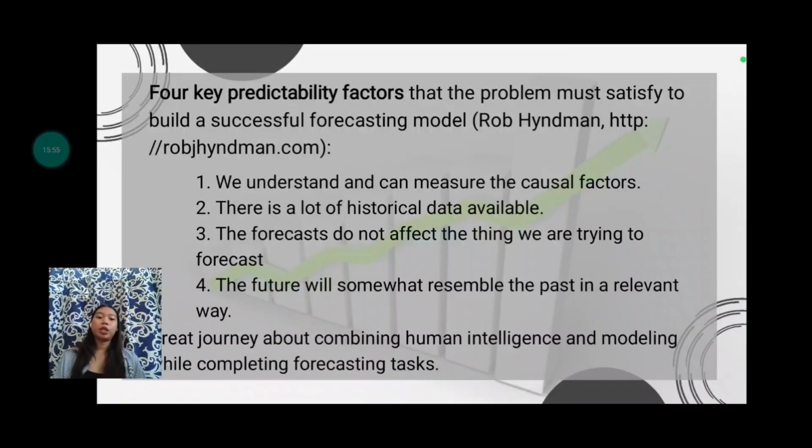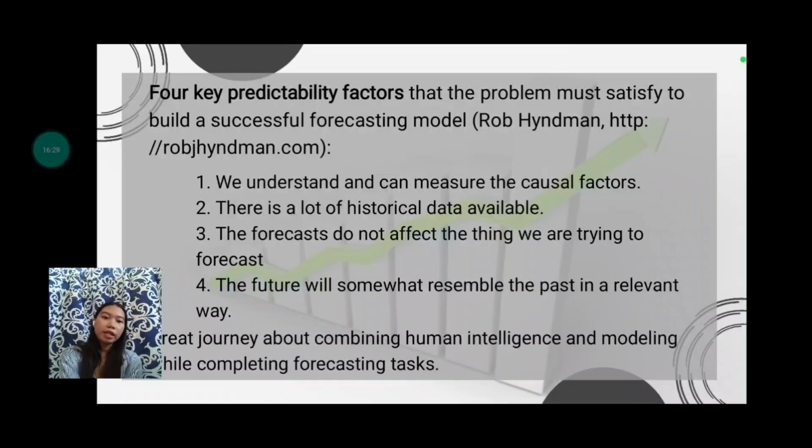For example, predicting prices should not change the actual price. And last is the future will somewhat resemble the past in the relevant way, so we can use patterns to predict it. It's about combining human intelligence and data modeling to make smart predictions.